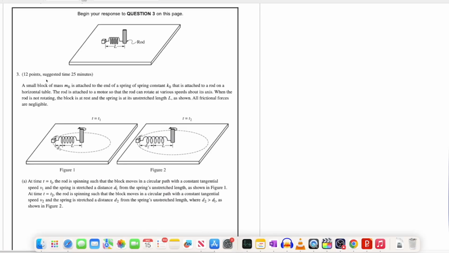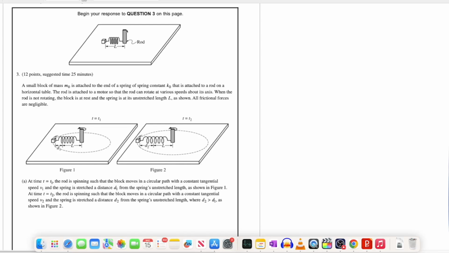Alright, number 3. A small block of mass m0 is attached to the end of a spring of spring constant k0 that is attached to a rod on a horizontal table. We have a rod, and the rod is attached to a motor, so the rod can rotate at various speeds.